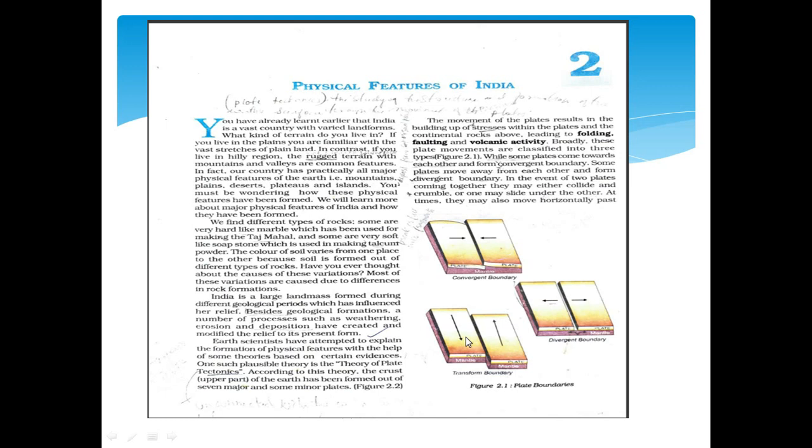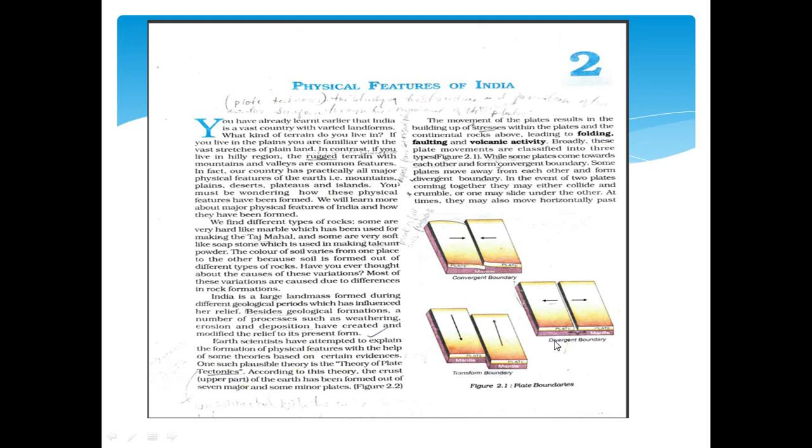So you can imagine when these two plates are moving closer to each other, there can take place a folding. They will hit each other and they will fold upward. That is how the mountain can be formed.